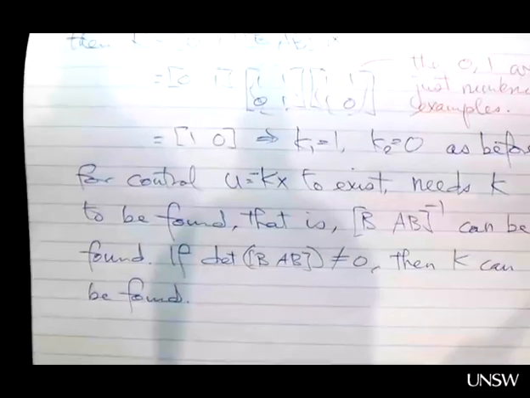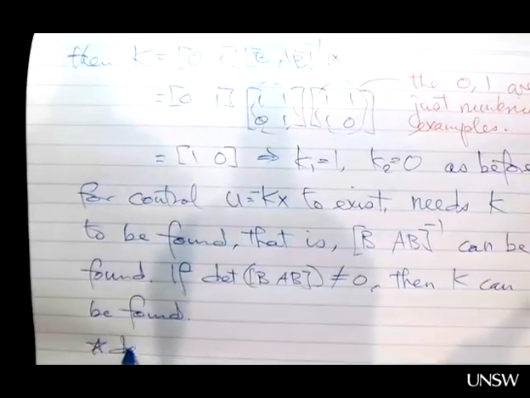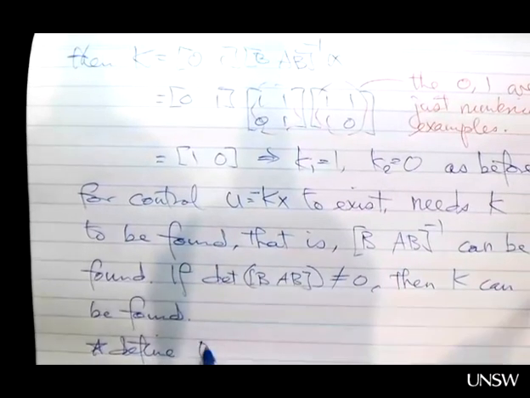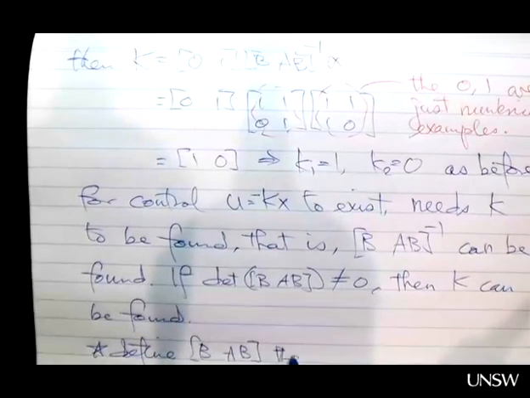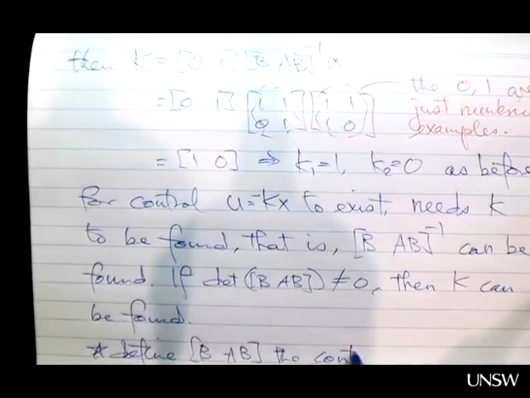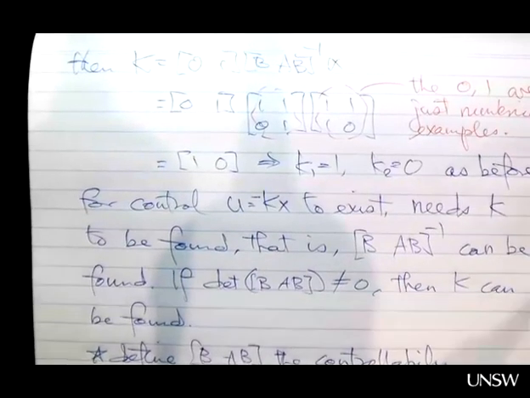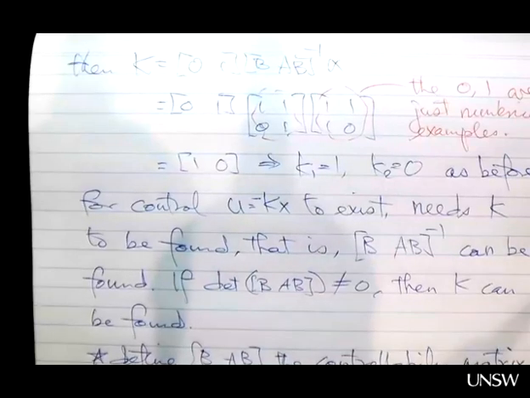So we define B and then AB as the controllability matrix.